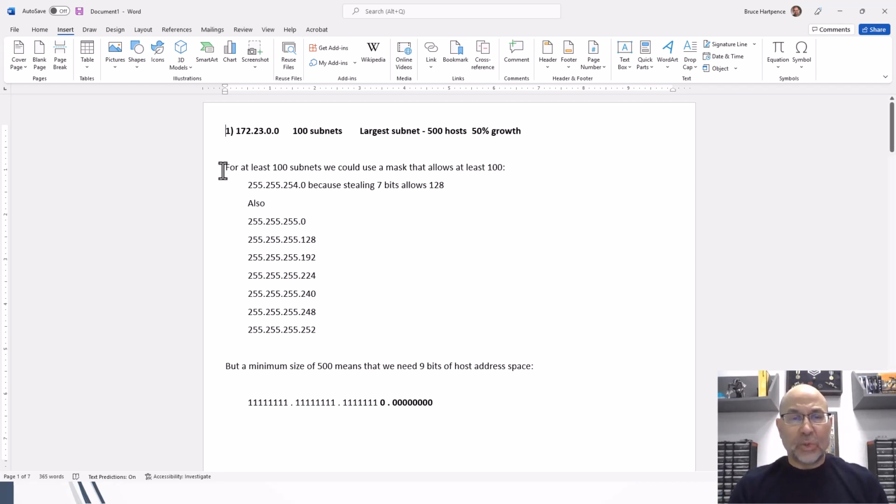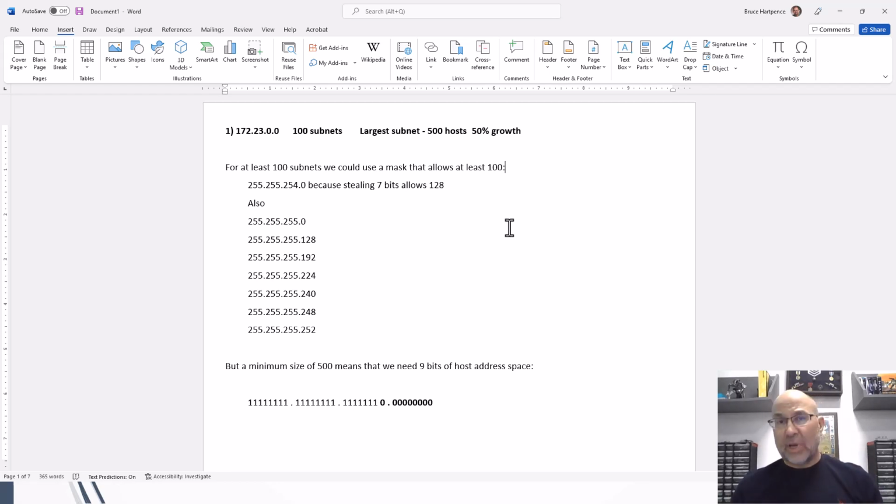Now, for at least 100 subnets in a class B, we could use a couple of masks that'll get away with it. Remember that if we want to create 100 subnets, we're going to steal bits from the host portion. So how many bits do we need to steal? Well, if we steal 1, that's 2 subnets.